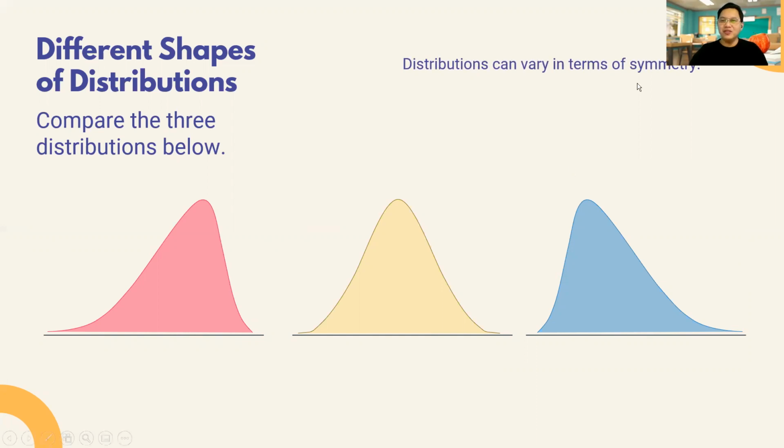Now, what these 3 density curves are telling us is that distributions can vary in terms of symmetry. I feel like some of you were able to easily identify that there are similarities in the density curves, but what makes them different is that only one of them can be considered symmetric, right?